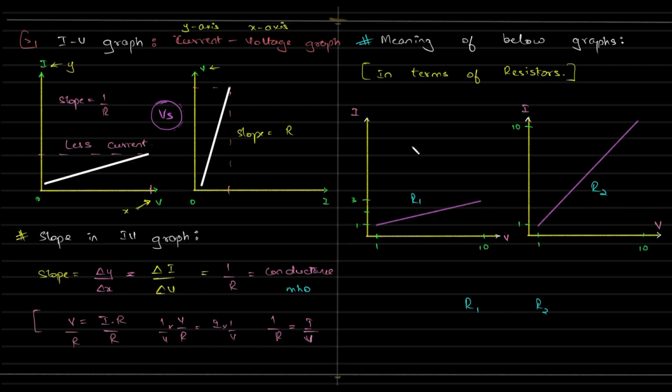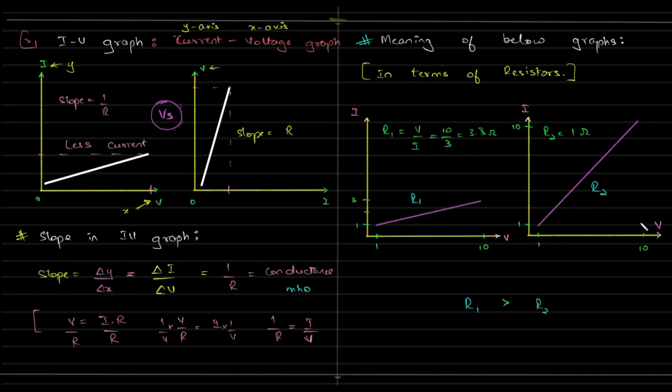If you're not able to do this, because you're tensed, which happens in exams, you can do this. R1 is equal to V by I. So basically, V over here is 10 and I is 3. 10 by 3, which is nothing but 3.3 recurring. While here, R2: V is 10 and I is 10, so 1 ohm. So clearly, R1 is greater than R2.